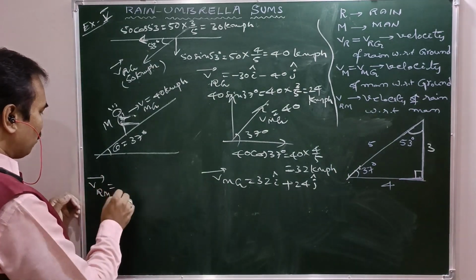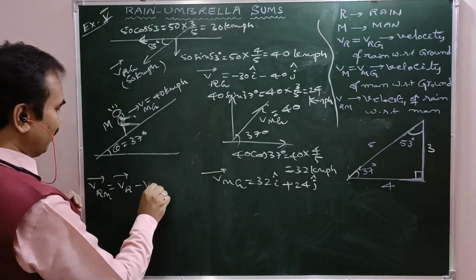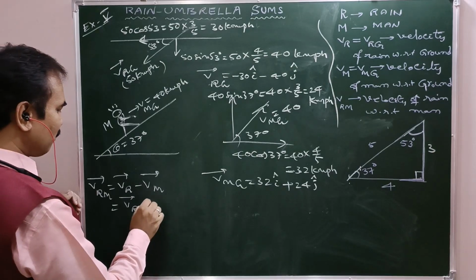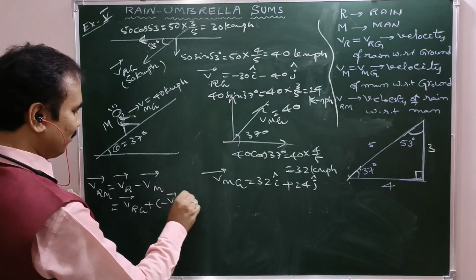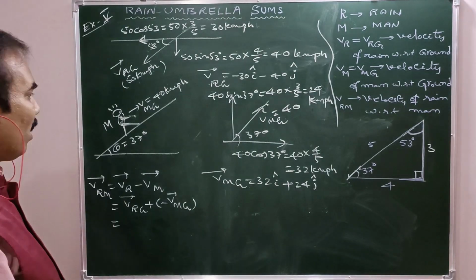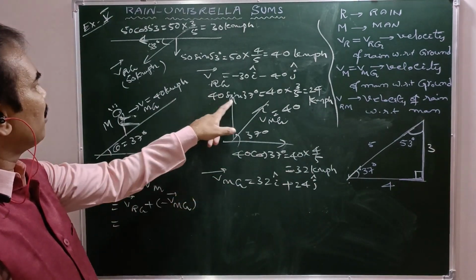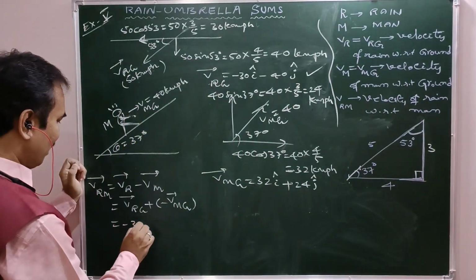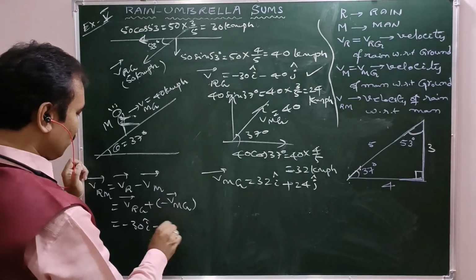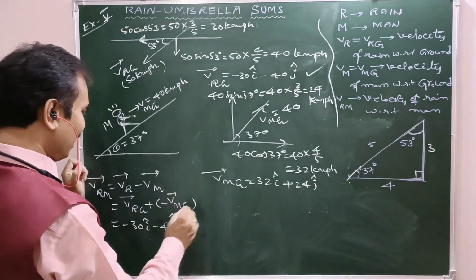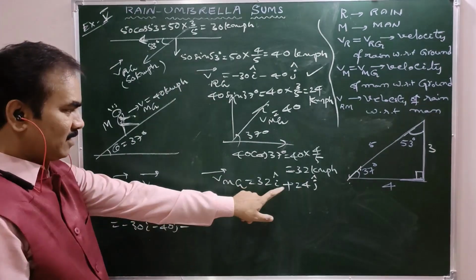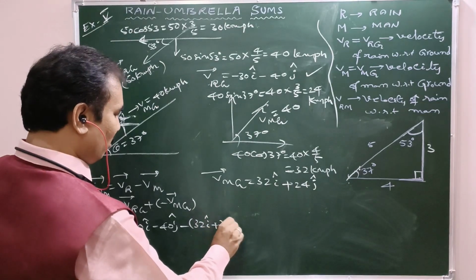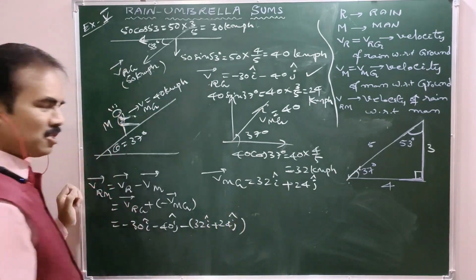That is VRM bar equal to VR bar minus VM bar, which can also be written as VRG minus VMG. What is VRG? It is minus 30 i minus 40 j. Minus VMG, that is 32 i plus 24 j.